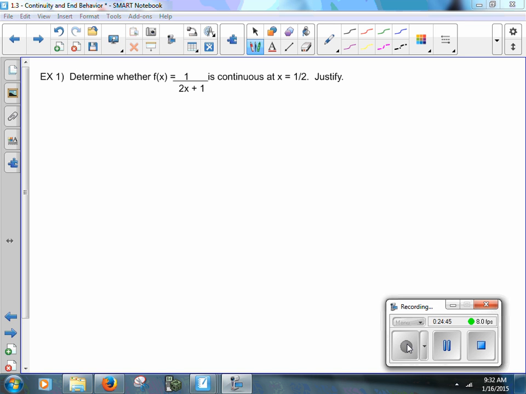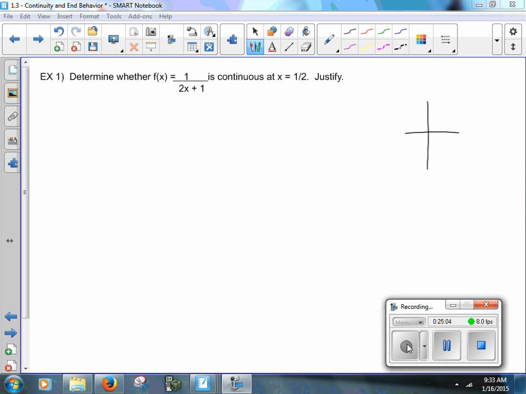Now, here's what I want you to pay attention to. How are we going to determine if there's going to be a solid piece on the curve when x is equal to 1/2?